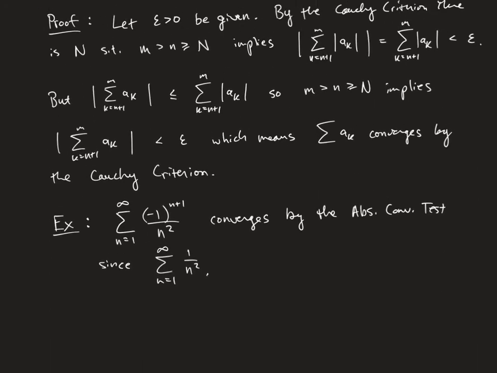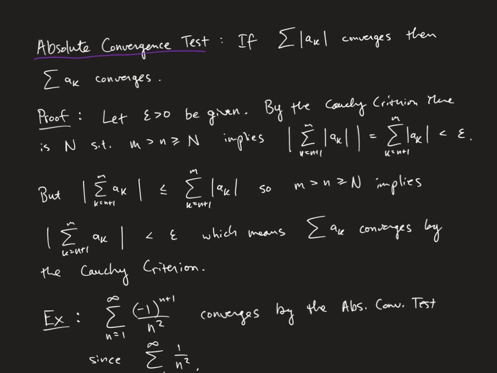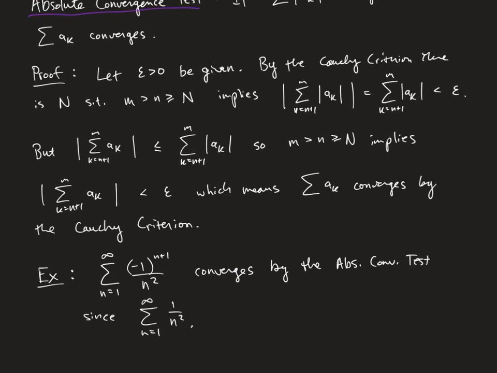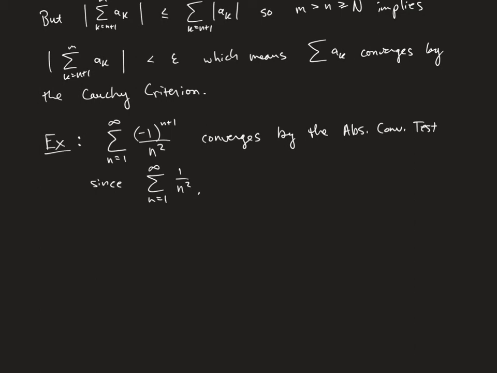Okay, but you might want to note that the converse of the absolute convergence test is not true. So make a note here: the converse of the absolute convergence test is not true.